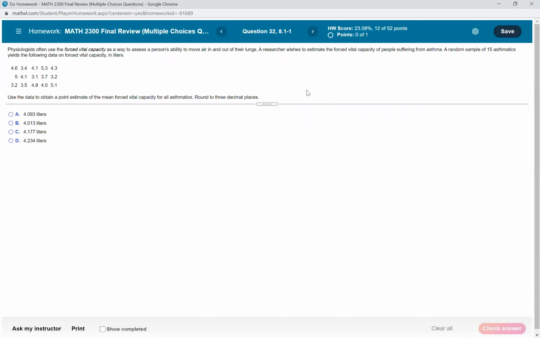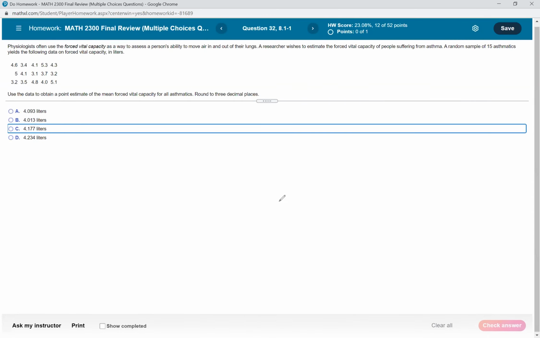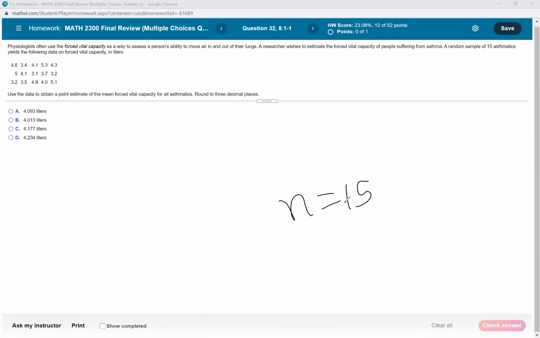Okay, in the next one, a random sample of 15 asthmatics yields the following data on forced vital capacity in liters. You have 15 observations, so the sample size n is 15. You have to use the data to obtain a point estimate of mean mu.